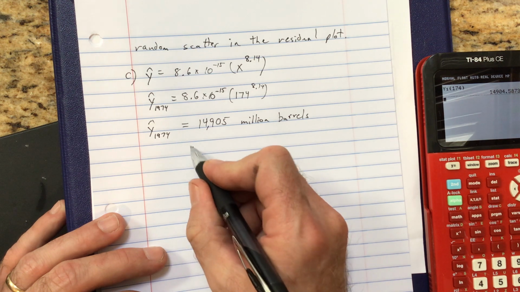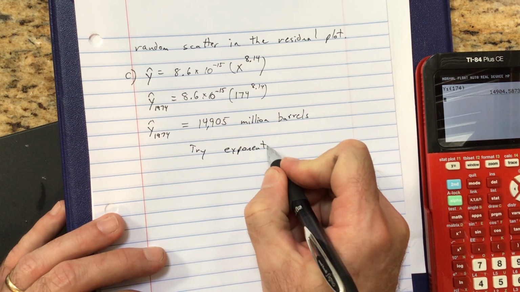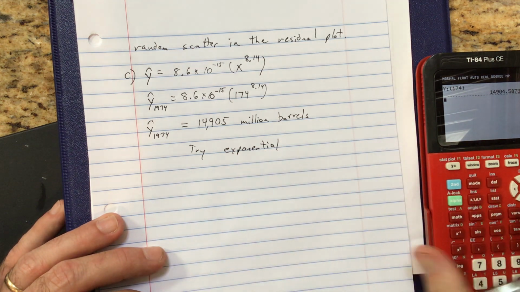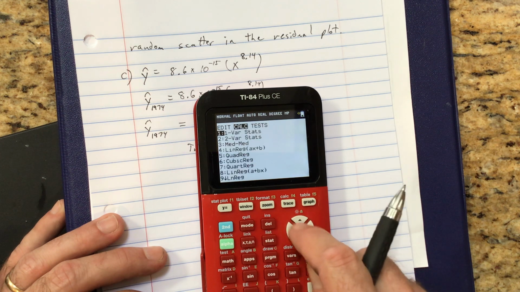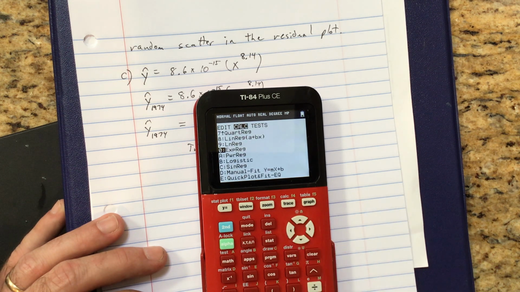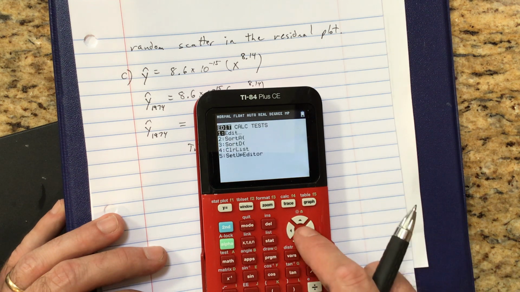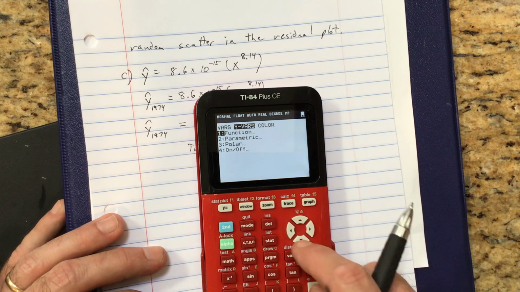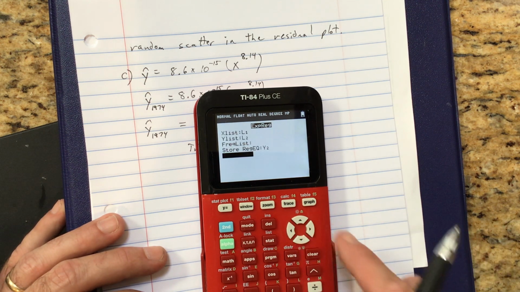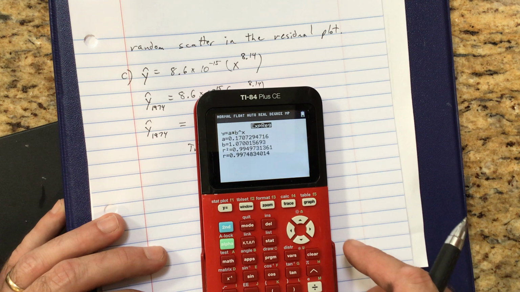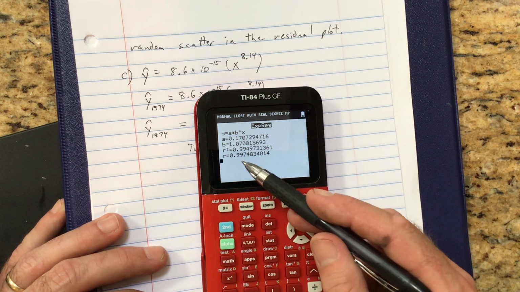So. Okay, so calculate the exponential again. Oops. I'll just put in, well, this too, whatever. Okay. Oh, yeah, 9974, and the other one was 9975.